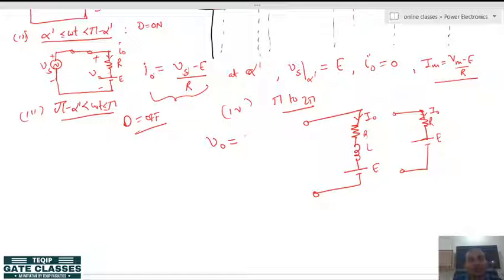That is why the output voltage is following the source value when the current is flowing, when the I naught is non-zero. All right.